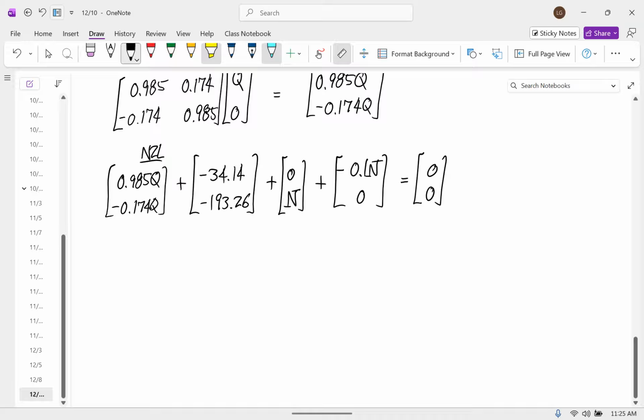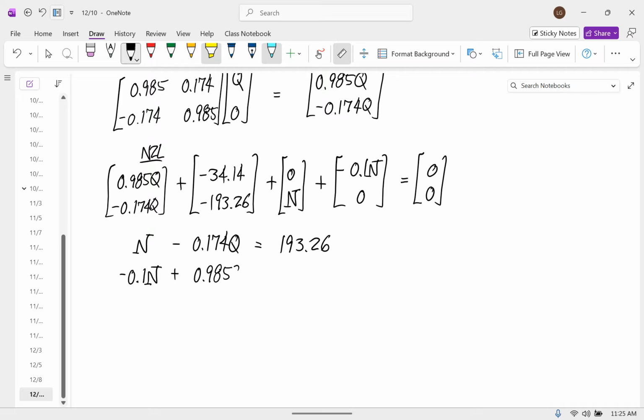We have that, so I'll write it as n minus 0.174 Q is equal to 193.26. And then the second equation says negative 0.1 n plus 0.985 Q is equal to positive 34.14.